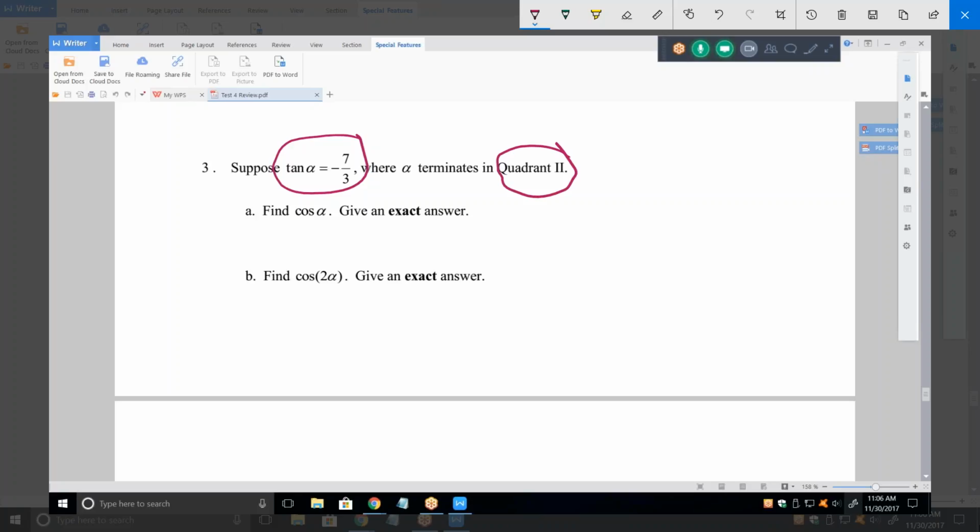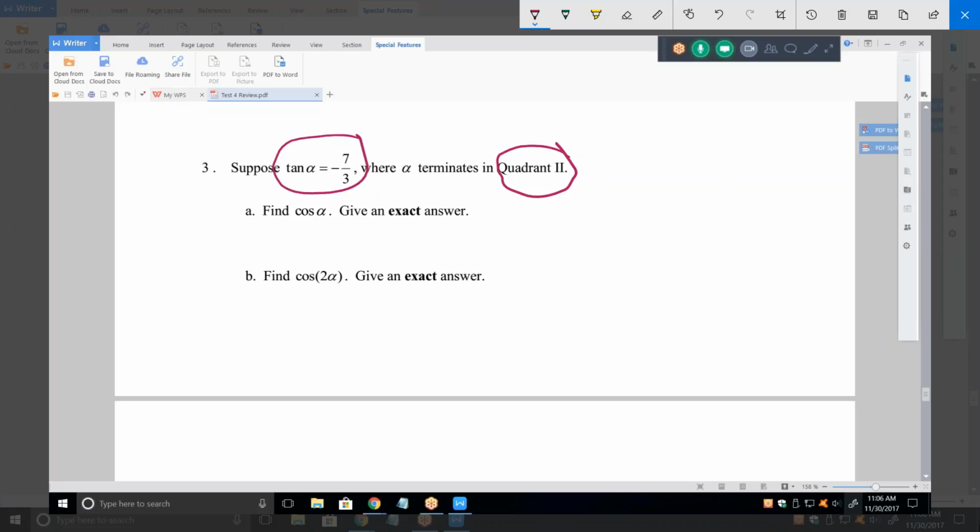The classic trig problem. If a person could only ask one trig problem to a student of trigonometry, this would be it. Not necessarily part B, but part A. You have to be able to do this. What's the most likely first step?